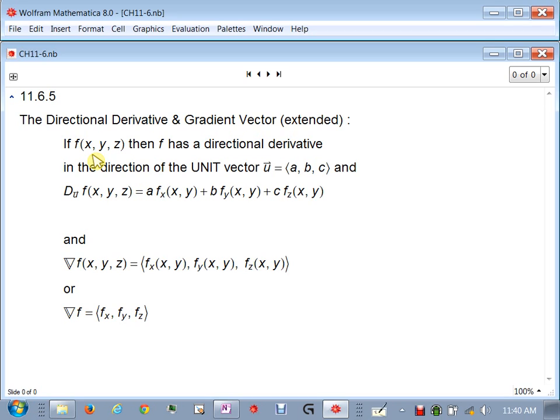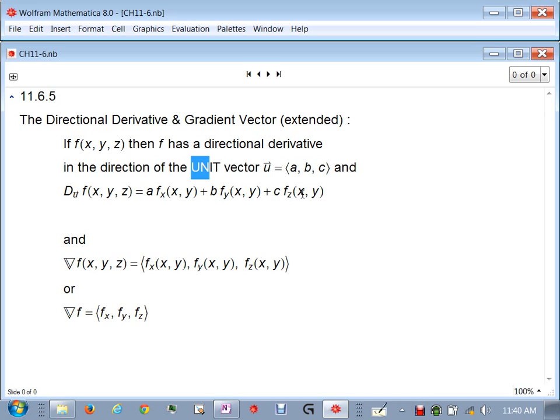But everything we just did extends here. So if you have a function of x, y, and z, then the directional derivative in the direction of the unit vector, again, unit vector, but instead of a, b, it's a, b, c, is given by this. So the a is in front of the partial with respect to x, then the b is in front of the partial with respect to y, but now you have a partial with respect to z, right?